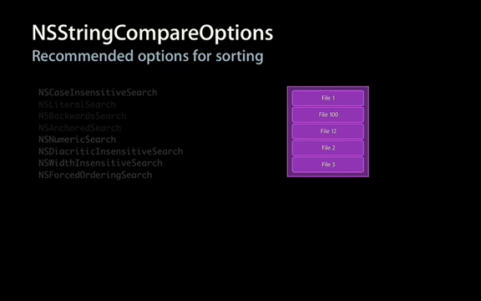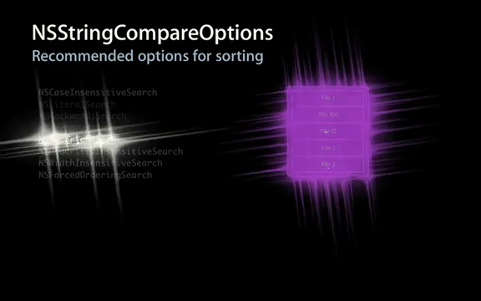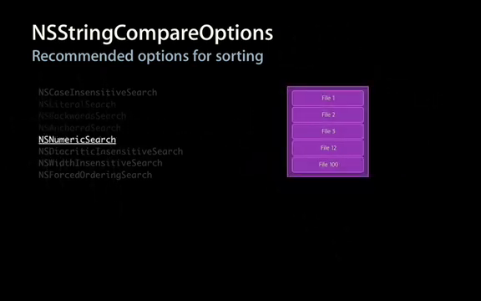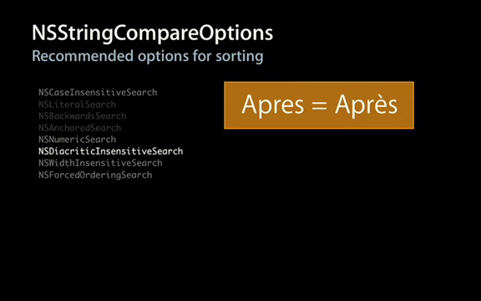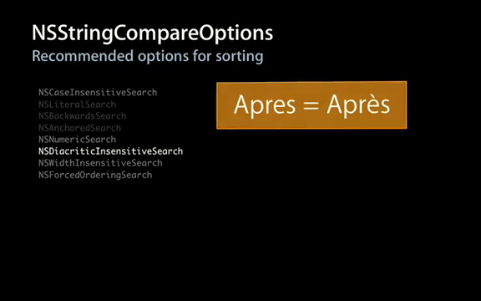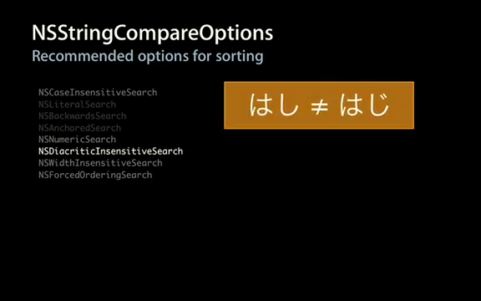By default, NSString treats all the digits just like other letters. By specifying this option, the numbers are sorted according to their numeric values. Diacritic insensitivity. By specifying this option, NSString ignores the difference in accents, like those. But it's smart enough to know to not ignore accents that have semantic significance, like this.